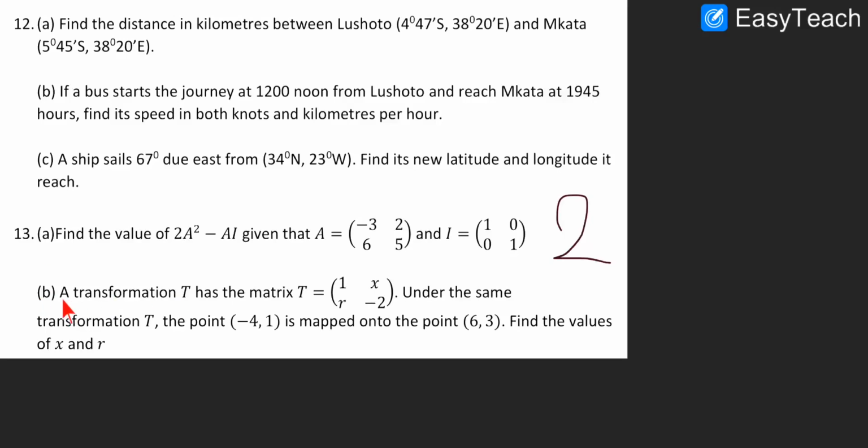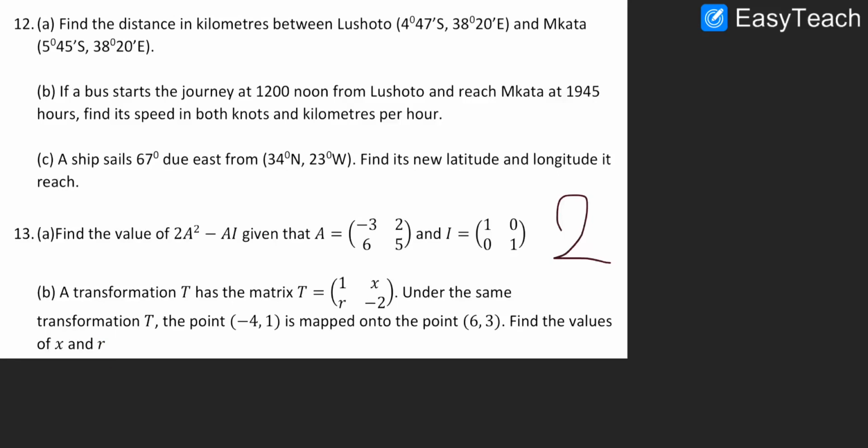The question says that a transformation T has a matrix T equals this one, and under the same transformation T, the point negative 4, 1 is mapped into the point 6, 3. You need to find the values of x and r, which are found in the given transformation matrix T. How can you find them?